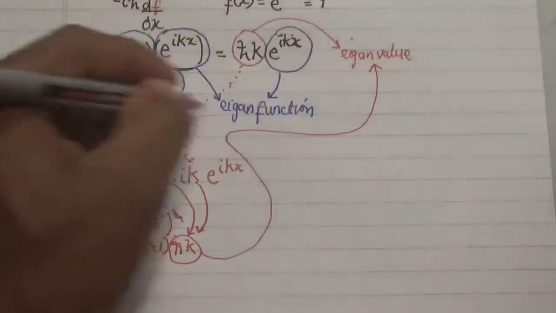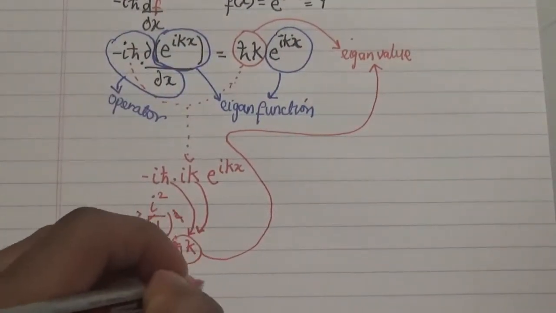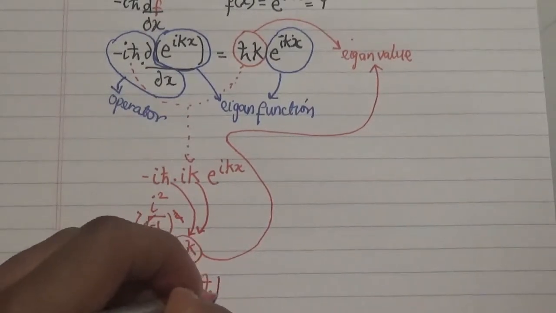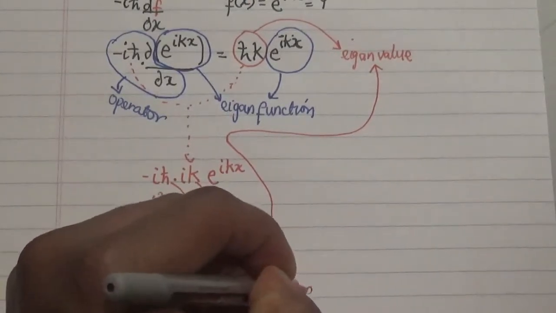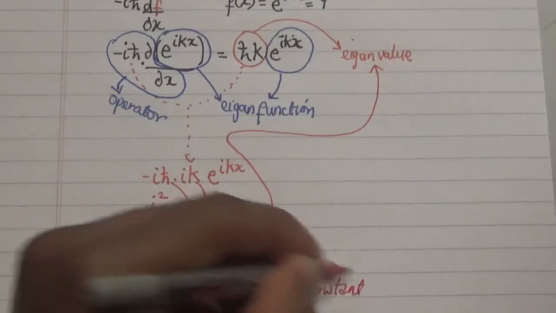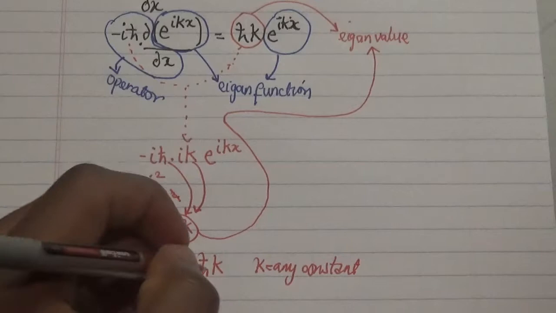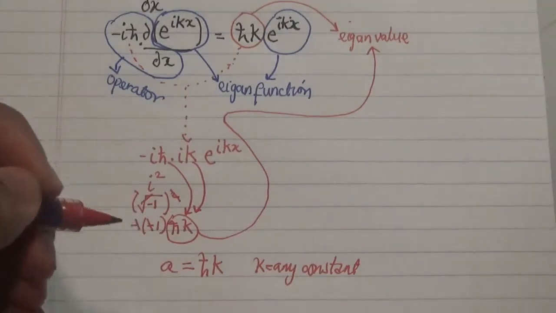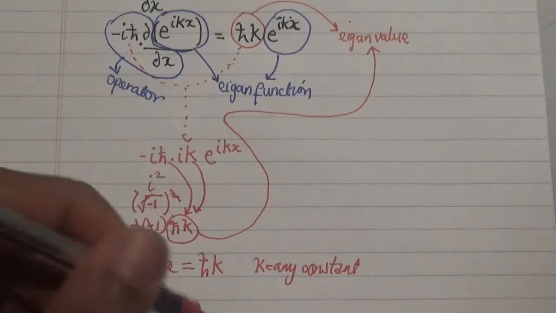Our answer in this whole calculation is A equal to h bar multiplied by k, where k is any constant, and the linear momentum is an observable that is continuous, because for a continuous operator we don't need to have discrete values for our eigenvalue.